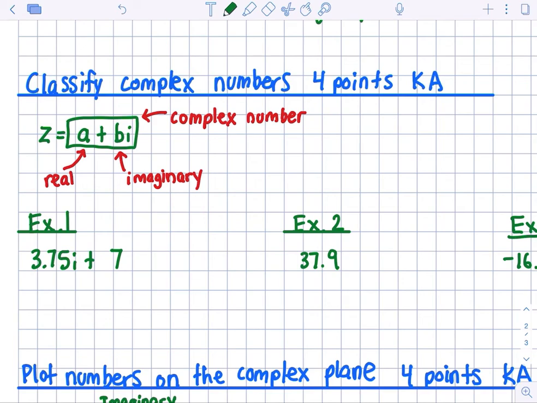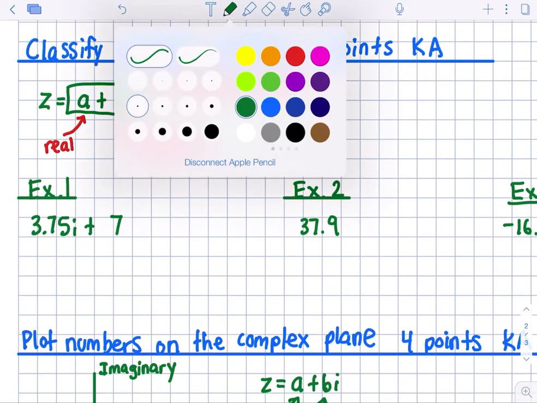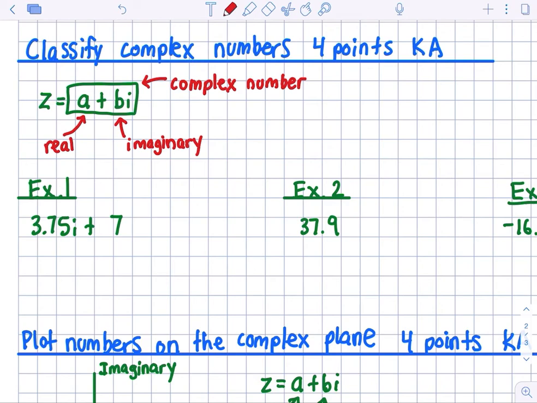If it's only a real, that's also a complex number. So when we get into example 1, they're going to ask you, is this real, imaginary, or complex? Well, it's definitely a complex number because it consists of real and imaginary numbers, and that's it. It can't be real or imaginary alone because this is imaginary and this is real.